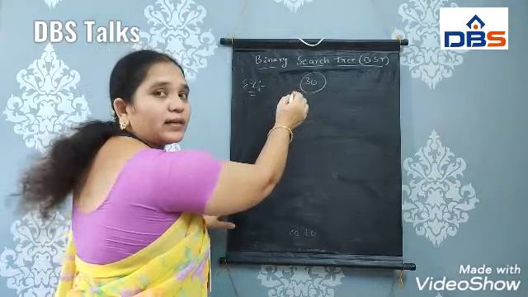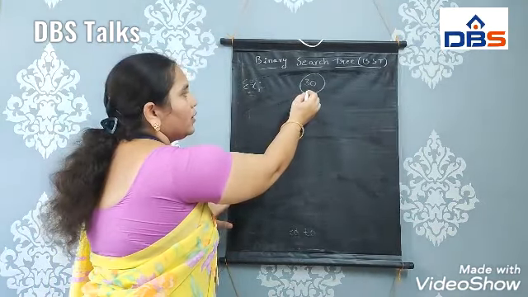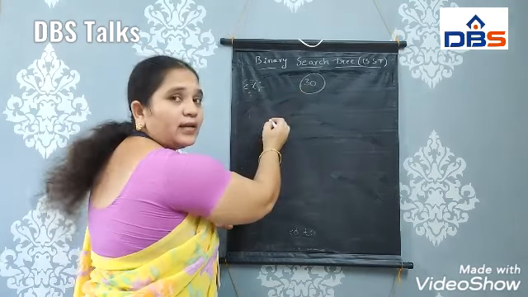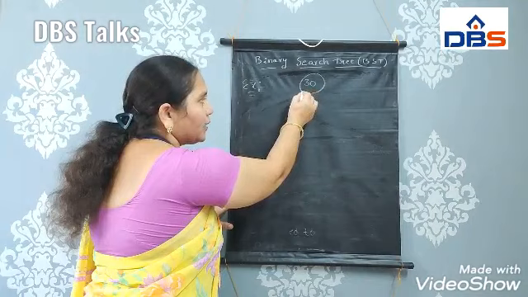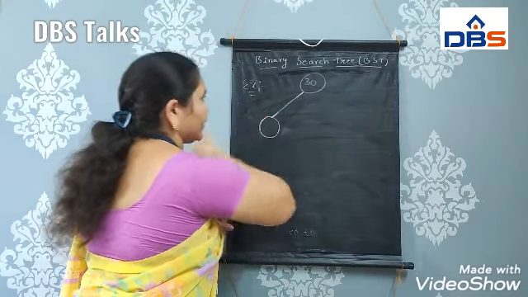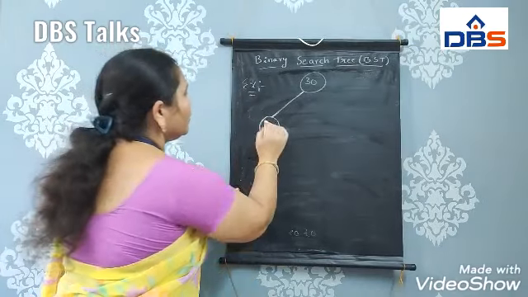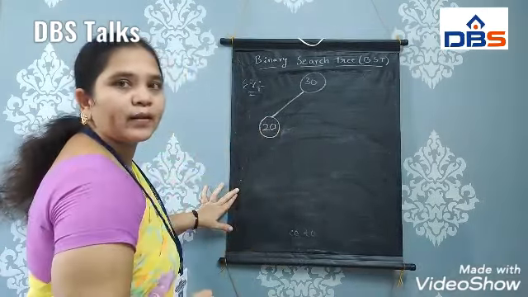We consider the root node, that is 30. 20 is lesser than 30, so we add the node at the left. Then we insert the value 20.